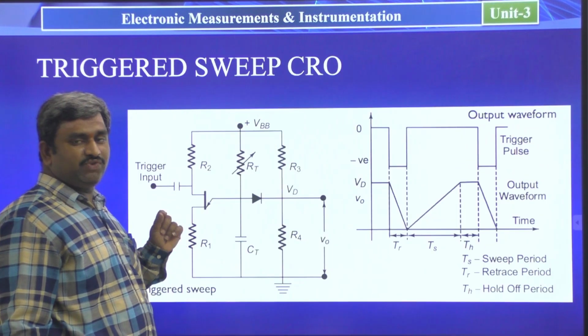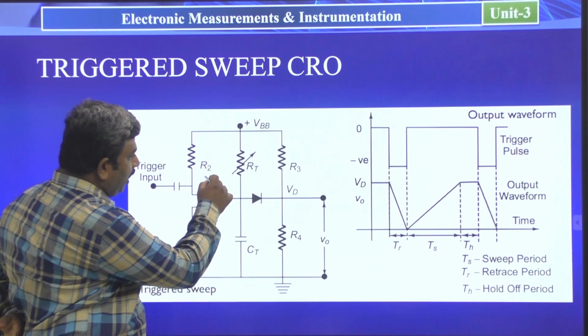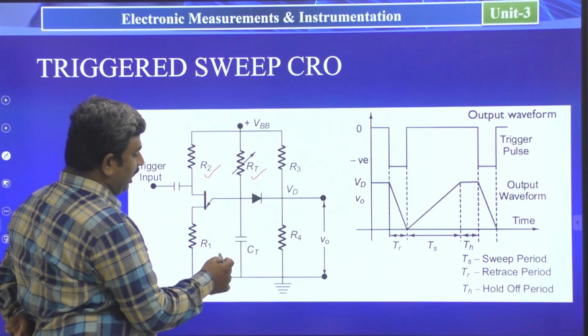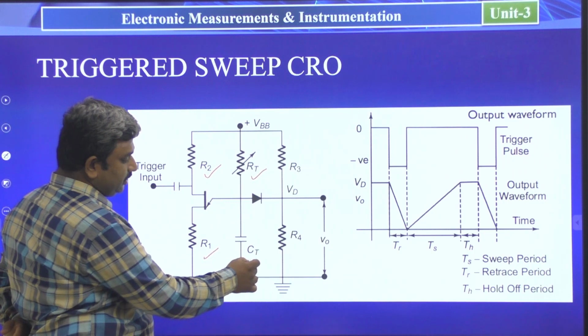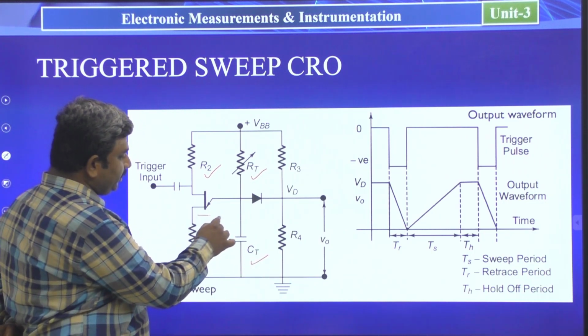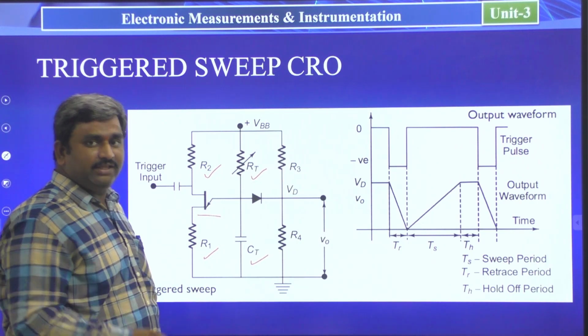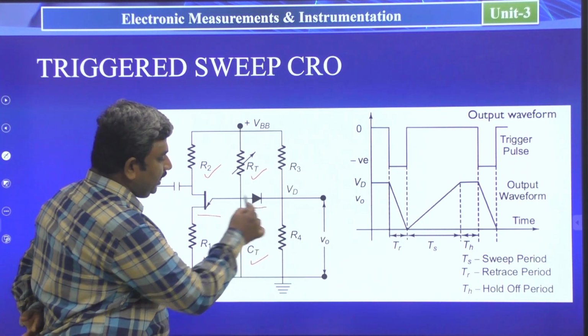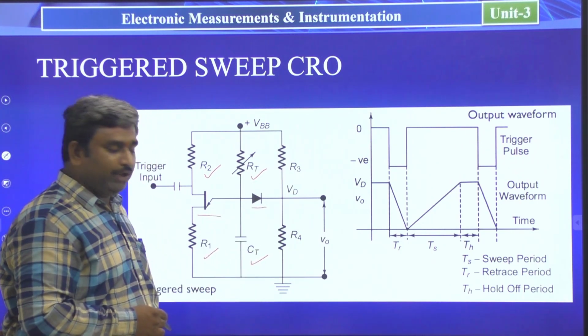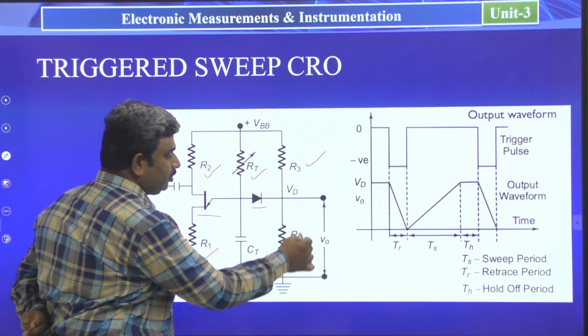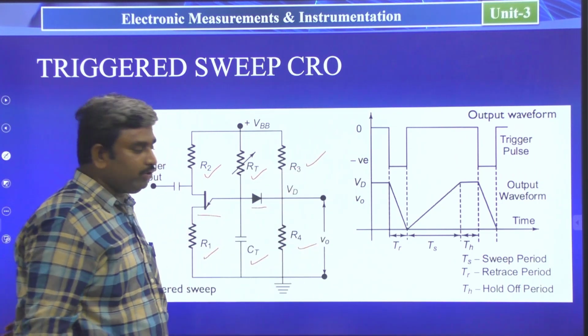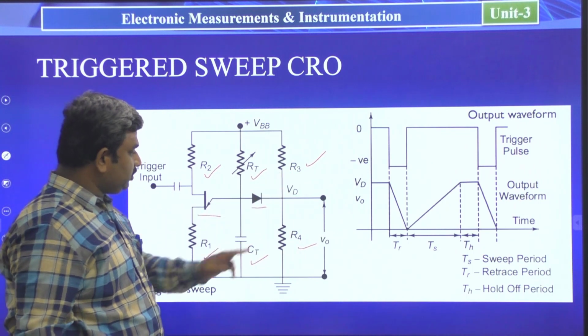In this triggered sweep CRO concept, the same R2 resistor, R1 resistor, CT capacitor and UJT transistor are the common parameters. Other than these, here we are taking one more component, a diode, and two more resistors, R3 and R4.